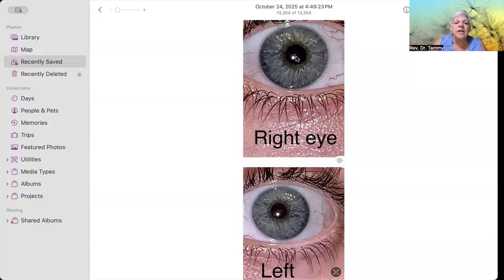You've got one starting here, and one starting here. There's a few here. So what this is letting me know is that both irises, especially the right, reflect more of a sluggish lymph flow, potentially sinus or neck drainage stagnation, and a need for deeper hydration and movement of fluids.